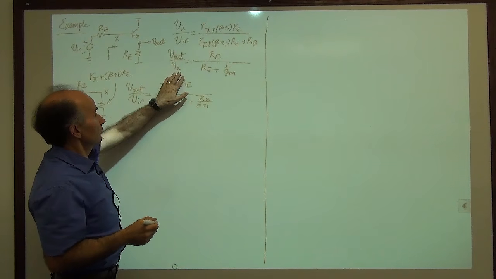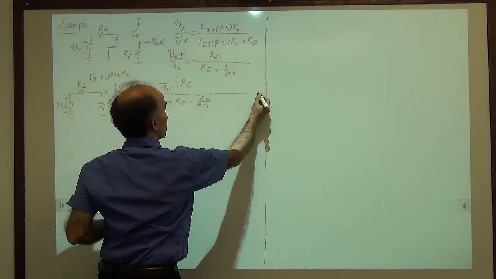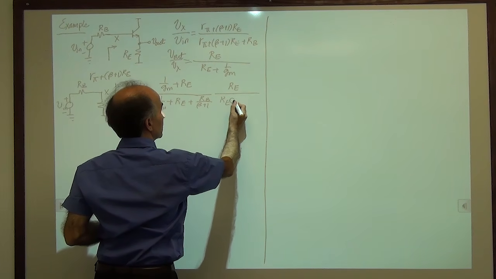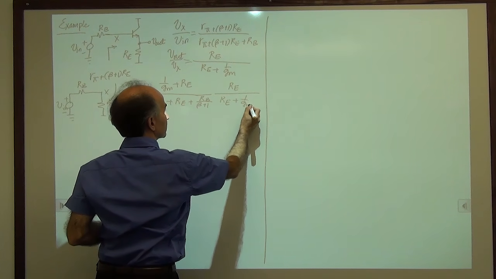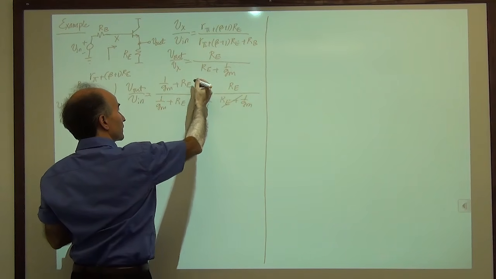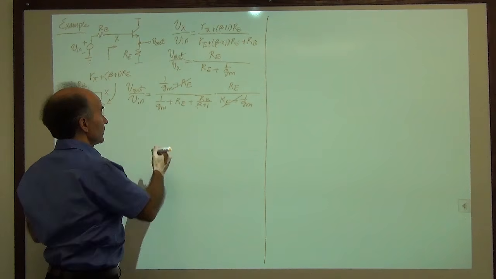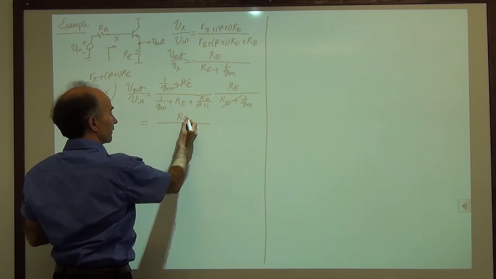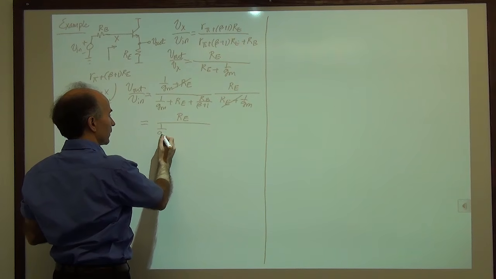And then we have V out over Vx, so that's just Re over Re plus 1 over Gm. Interestingly, this denominator and this numerator cancel, so we end up with this nice little equation for the voltage gain of this particular emitter follower.